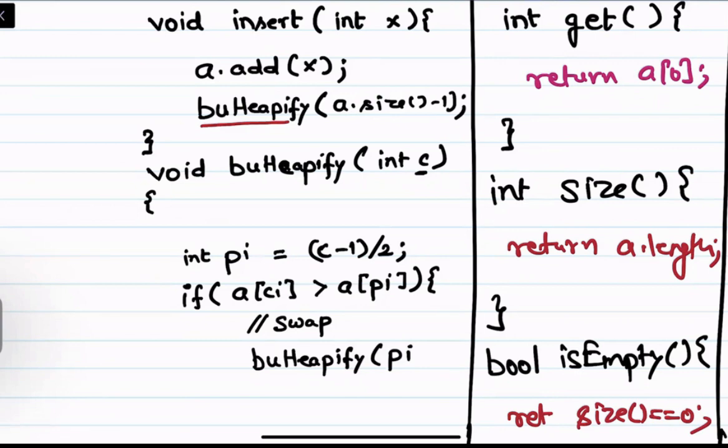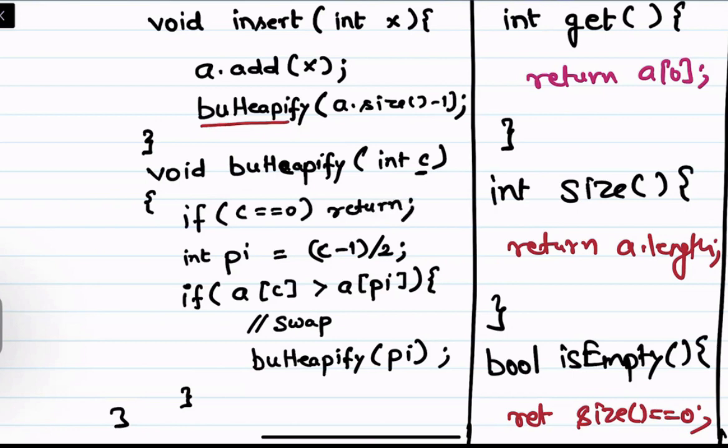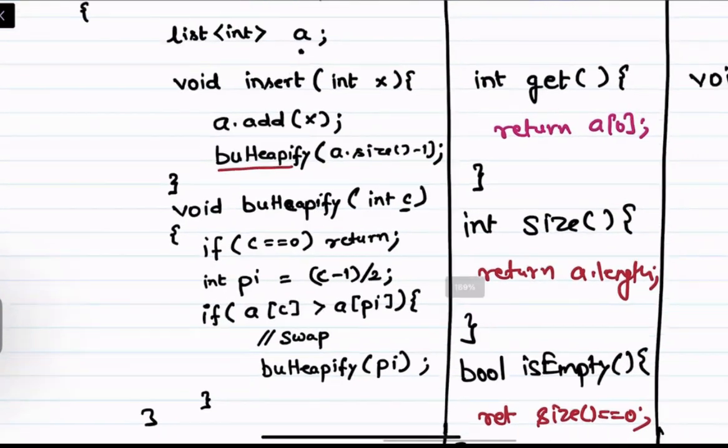Is that fair? And where will this recursion stop? When will you not find a parent? If C is 0, you will just stop. If you have reached the root, you're done. You don't have to compare the root with its parent. Is insertion making sense to everyone?